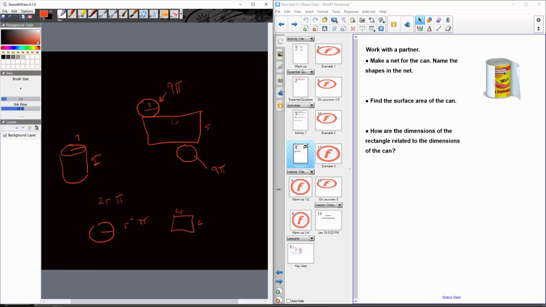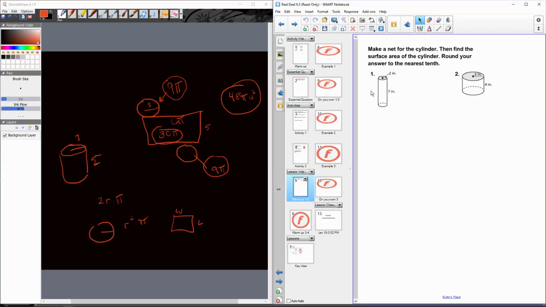So I have 6 pi times 5, and 6 times 5 is 30. So I have 30 pi. This is 9 pi. And I basically have 3 different numbers I'm adding: the top, the bottom, and this piece here. When I add up all 3 pieces, I'm going to have 48 pi units squared. And that's how you figure out the volume of a cylinder.